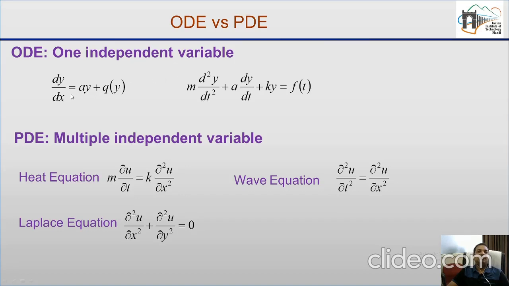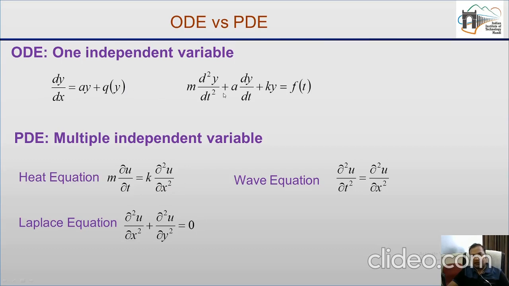In an ordinary differential equation, the dependent variable is related to only one independent variable. So you can see here y is related to x. Okay, y is the dependent variable and x is the independent variable in this equation. So here we have only one independent variable in this differential equation.